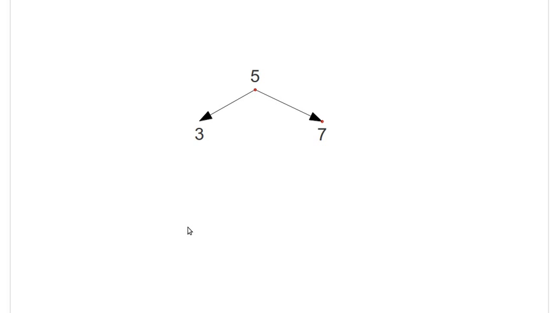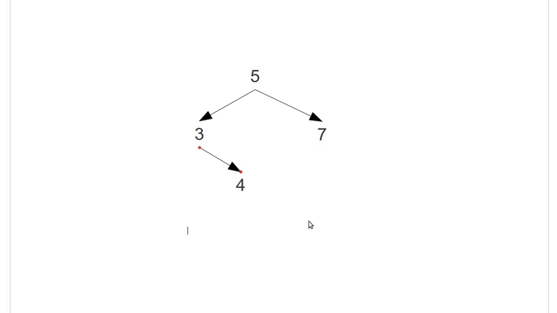If I wanted to have, say, the value 4 in here, well, while it could go in lots of different configurations if things moved around, if I already have this structure and I'm going to add a 4 to it, the 4 is less than the 5, so it has to be over here, and it's greater than the 3, so the 4 has to come in right around there, off to the right side of the 3.